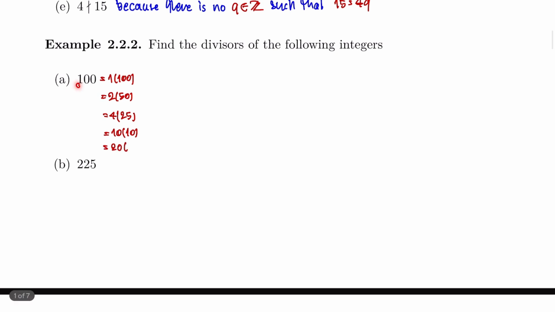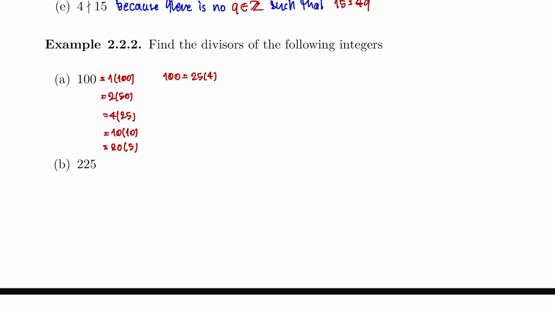When you divide 100 by 20, there exists 5 such that 20 times 5 is 100. Next, if you divide 100 by 25, you have the number 4, such that 25 times 4 turns out to be 100.